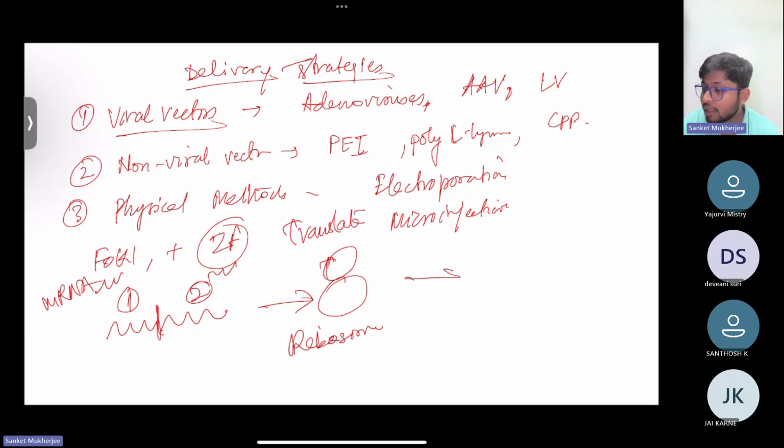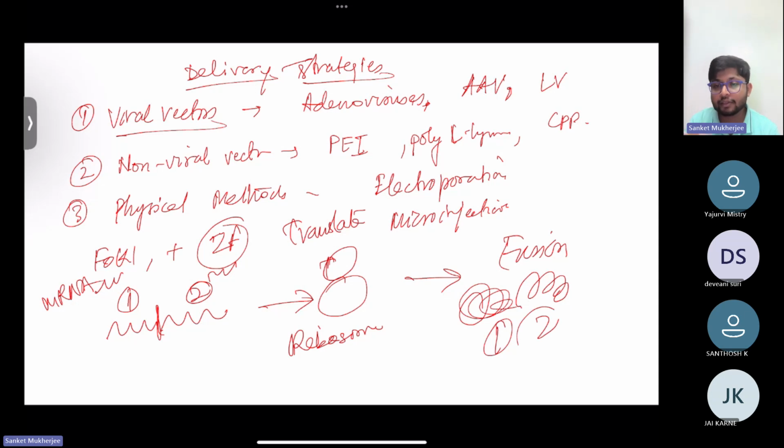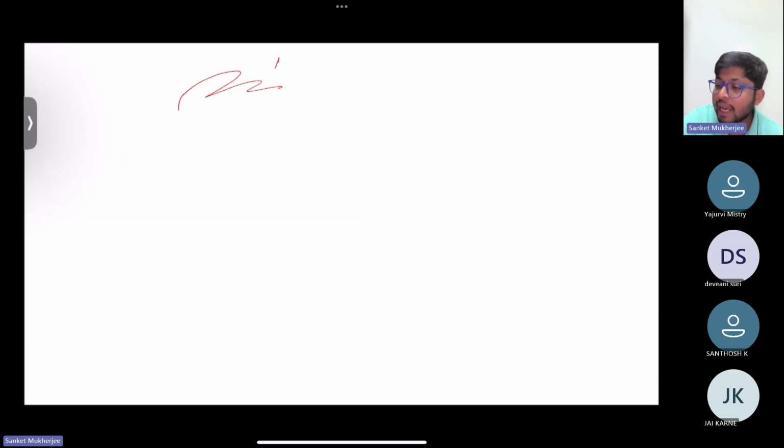So it will give you a fusion protein which will have both the proteins, protein A and protein B, together. That is the design strategy for creating chimeric restriction enzymes or nucleases.